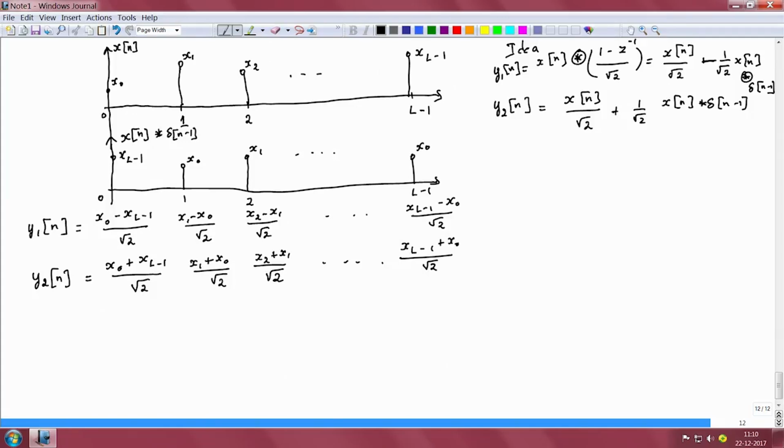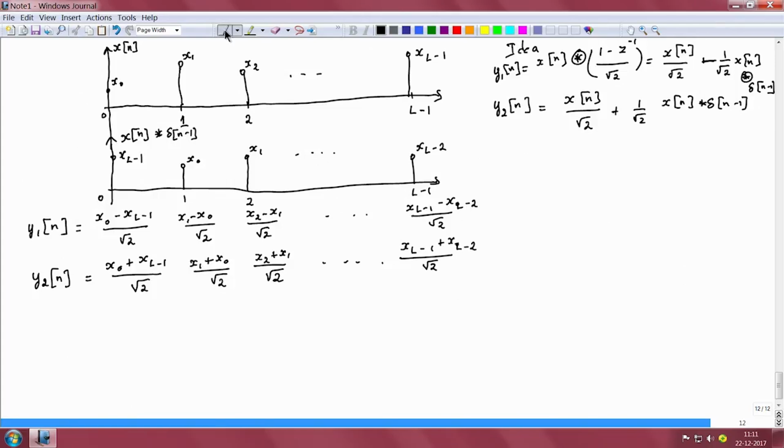Yeah, there is a typo here. When we do the circular shift, here we will get x L minus 2. So, these things also will change, x L minus 2, x L minus 2.